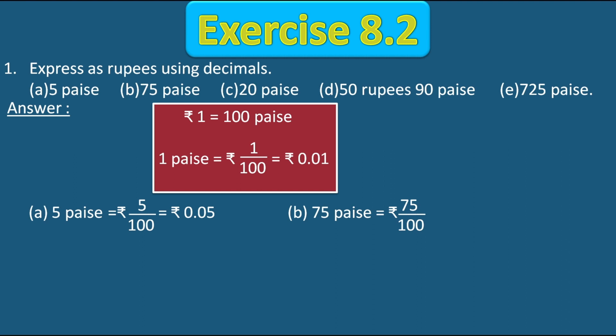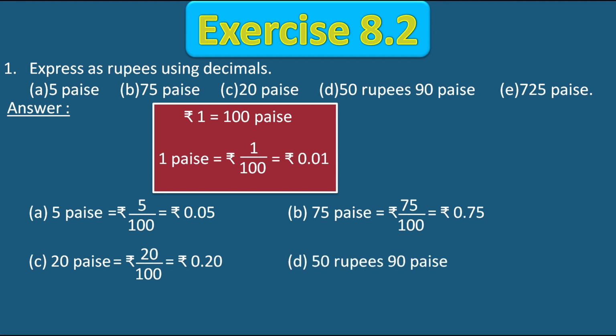Now if we convert it into decimal it will become 0.75, so rupees 0.75. Next one we have 20 paise. So 20 paise can be written in the form of fraction as rupees 20 upon 100, which is equal to rupees 0.20.